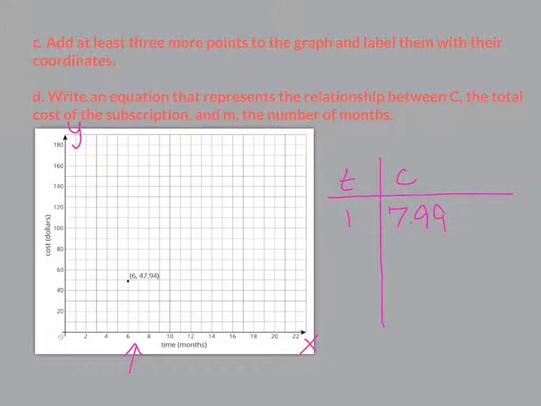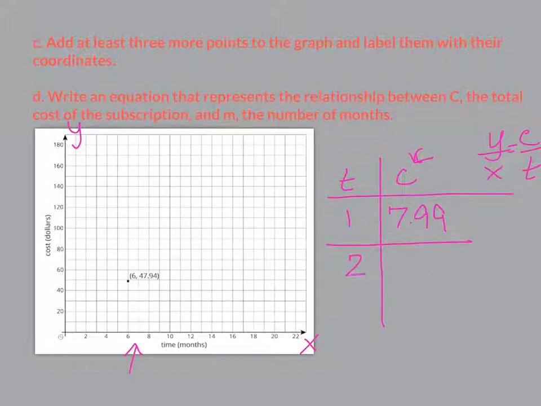Oh, sorry. Because I wasn't using x and y, I got myself a little confused, which is common. Of course, that's y divided by x, which in this case is c divided by t. Because, of course, $7.99 divided by 1 is $7.99.